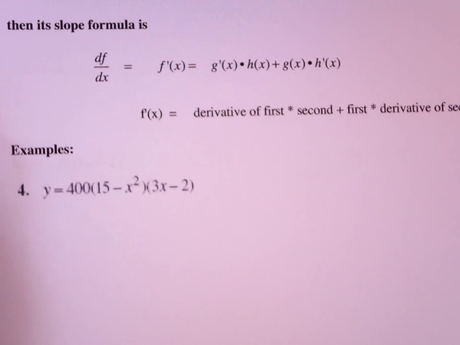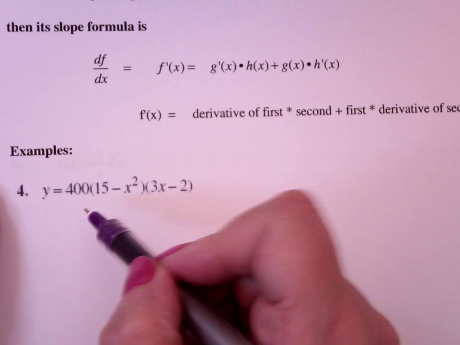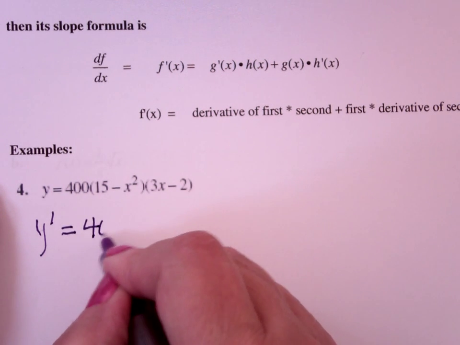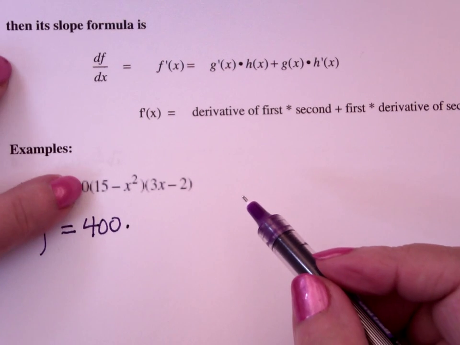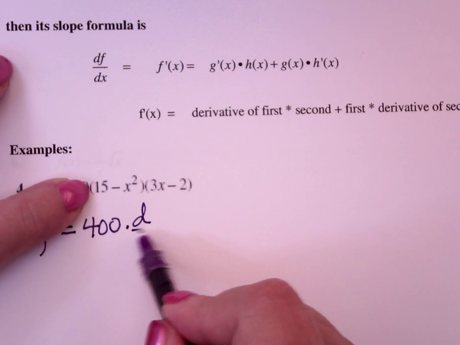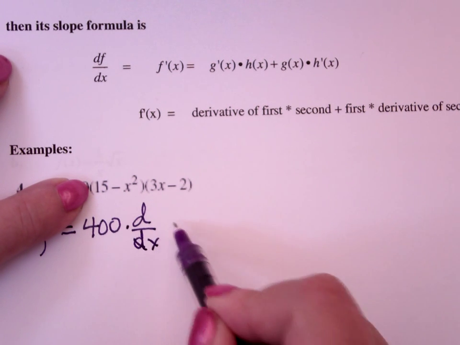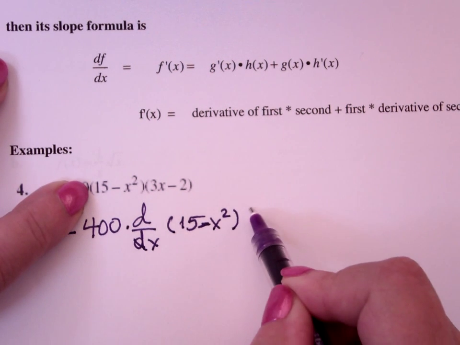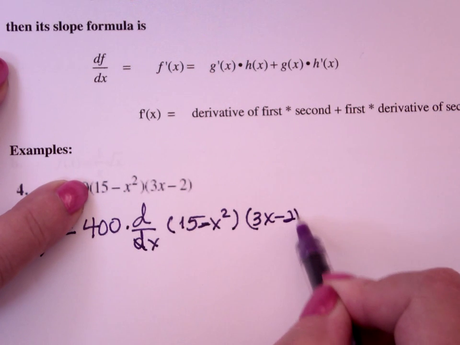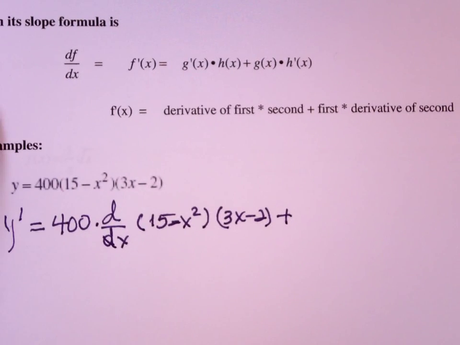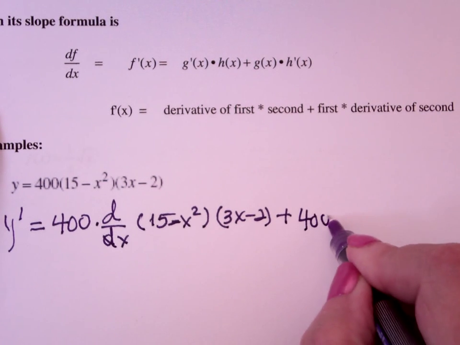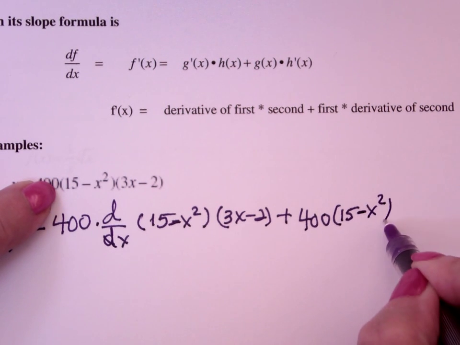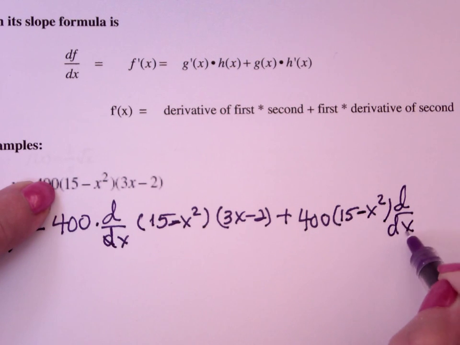So 400 is a constant, and I'm going to leave him alone so that y prime is 400 times the derivative of the first with respect to x, times the second, added to the constant 400, I've already differentiated the first, times the derivative of the second.